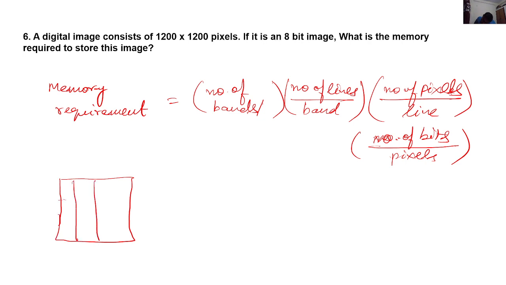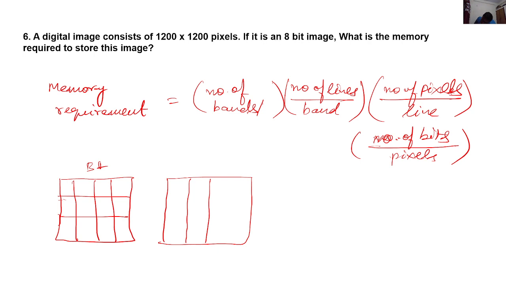Okay. So this is band number 1. Just taking an example. This is say band number 2, and so on and so forth. Okay. So there are lines 1, 2, and 3.